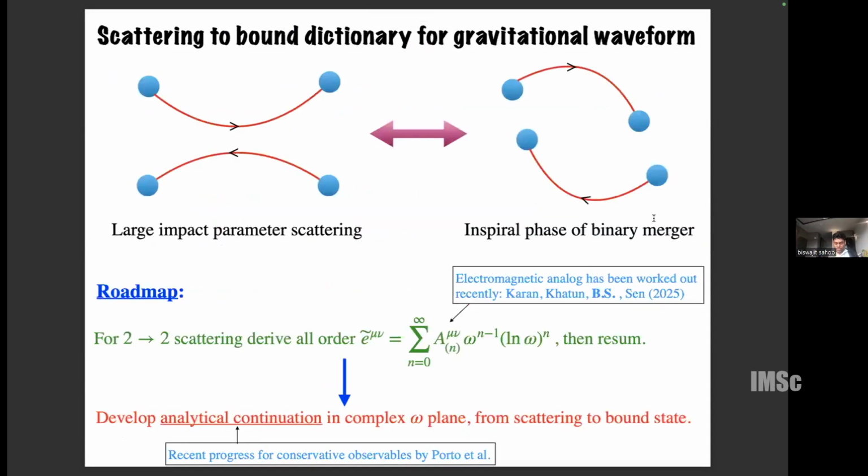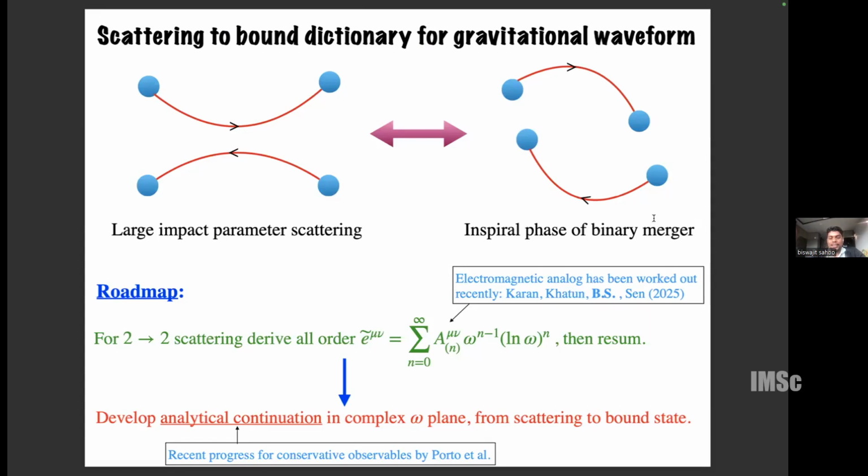So, one of the future directions which I would like to explore is this. Till now, in the first part of my seminar, I mostly talked about using scattering amplitudes for a classical scattering setup, and how one can derive the gravitational waveform. However, the recent era of gravitational wave physics mostly focuses on binary merger cases and tries to find the waveforms for binary systems.